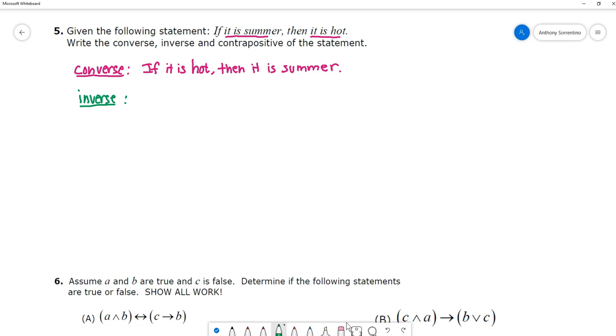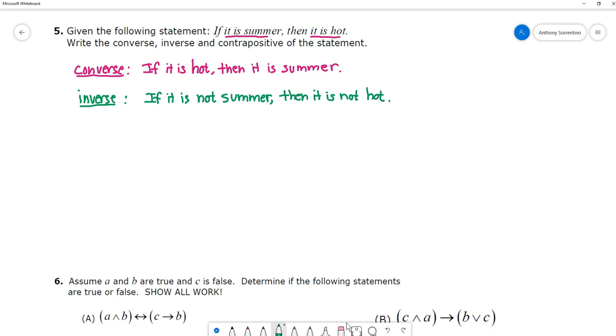Back to the original statement, it had summer first. If it is not summer, then it is not hot. So basically the inverse is just negating the if and then portions of the original statement.